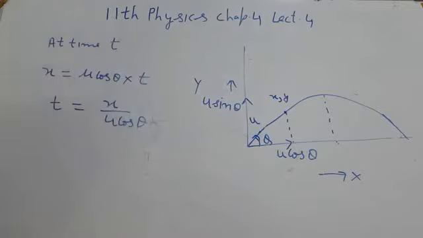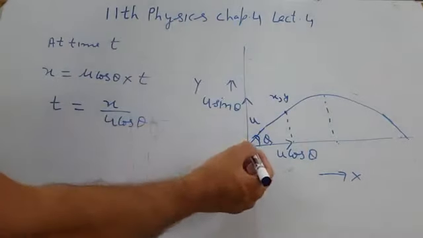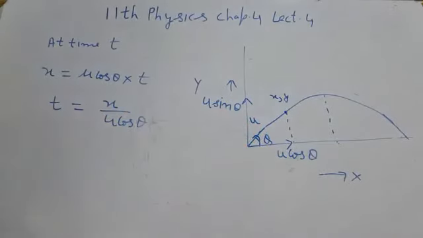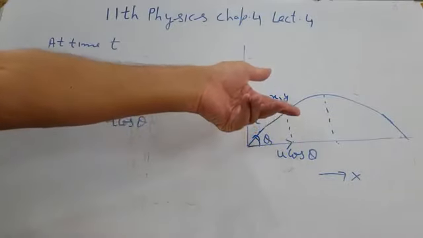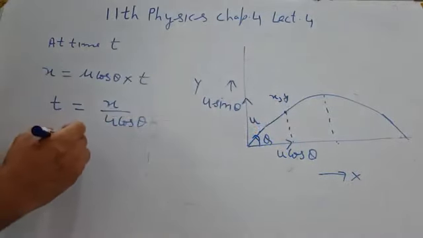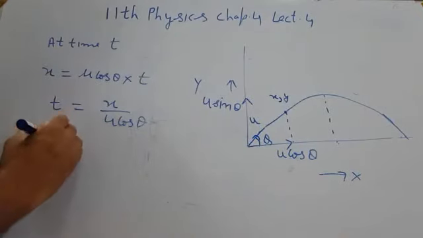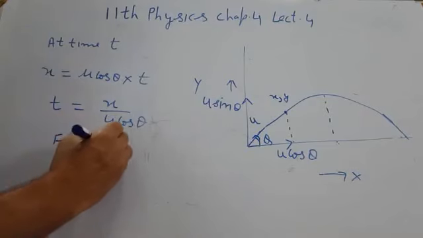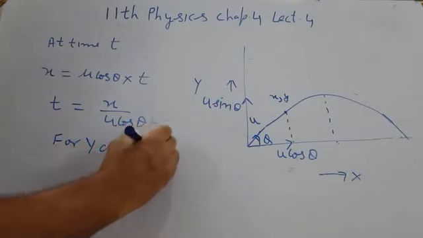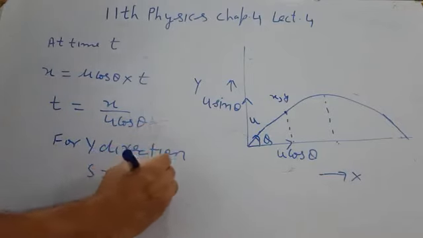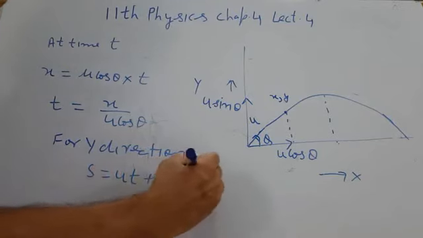Now we will find out what will be y, what will be that height. Initial velocity along this component is u sin theta. Distance traveled is y, so we will apply the equation s is equal to ut plus half at square, for the y direction.